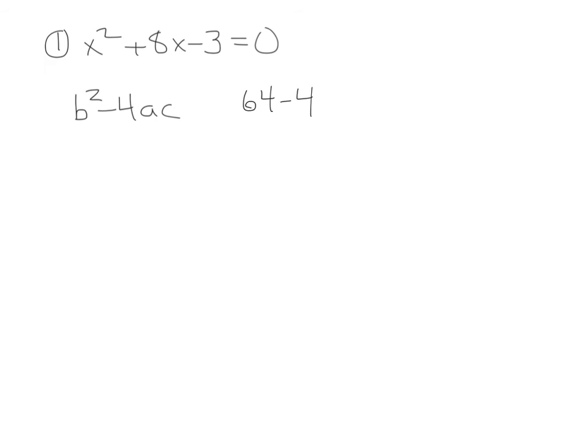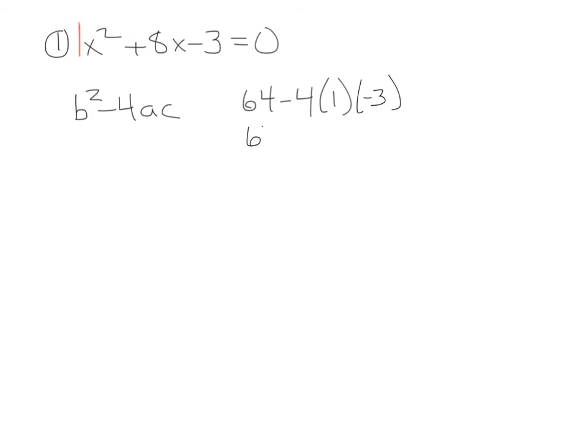If you have x squared plus 8x minus 3, and you're just being asked to decide whether this has 2 solutions, one solution, or no solutions, you can just use the discriminant, the b squared minus 4ac part. b squared is 8 times 8, 64, minus 4 times a, which is 1, and c is negative 3.